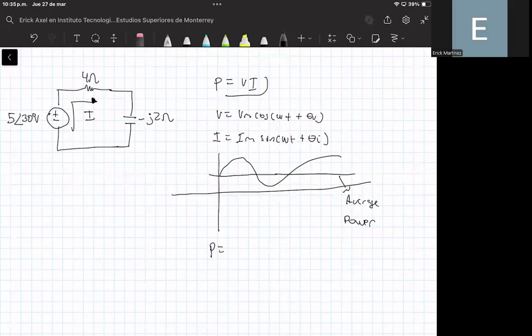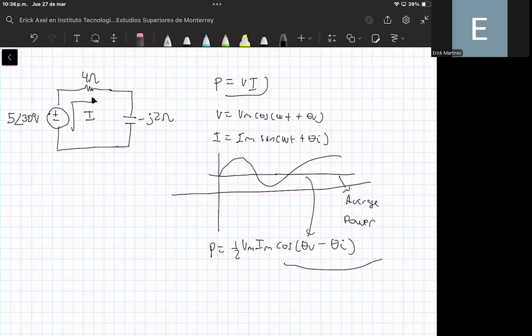The average power is equal to 1 over 2 times the amplitude of the voltage times the amplitude of the current times the cosine of the phase angle of the voltage minus the phase angle of the current. With this expression, which is equivalent to this constant value, we can compute the average power.